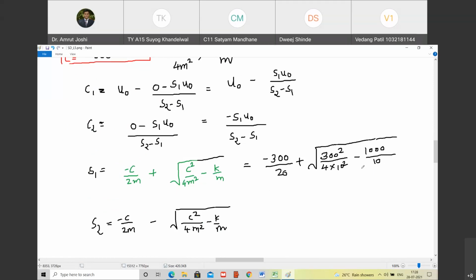Chalo, tell me these numbers separately. Tell me how much is this? It is minus 15. Yes. Tell me how much is this? So do this calculation: 300 square upon 4 into 10 square minus 1000 by 10 and then take the square root of it. Can you tell me the number, what it is? 300 square, so it is going to be this divided by 100 into 4. 5 root 5.